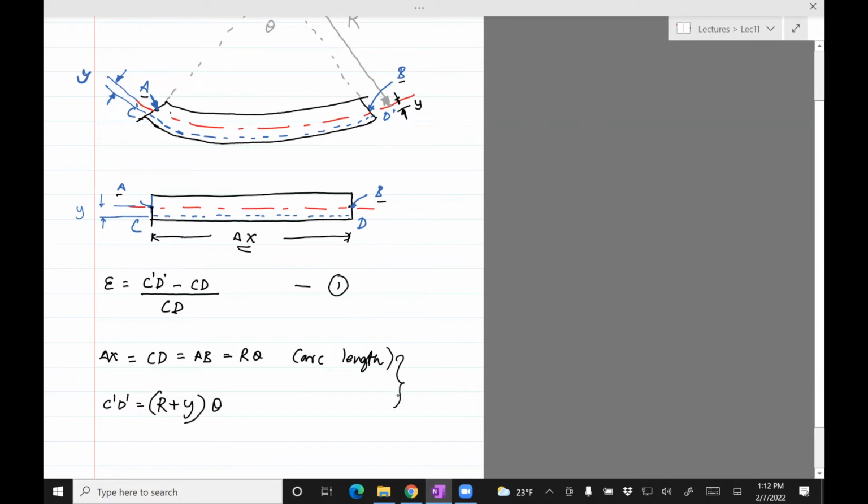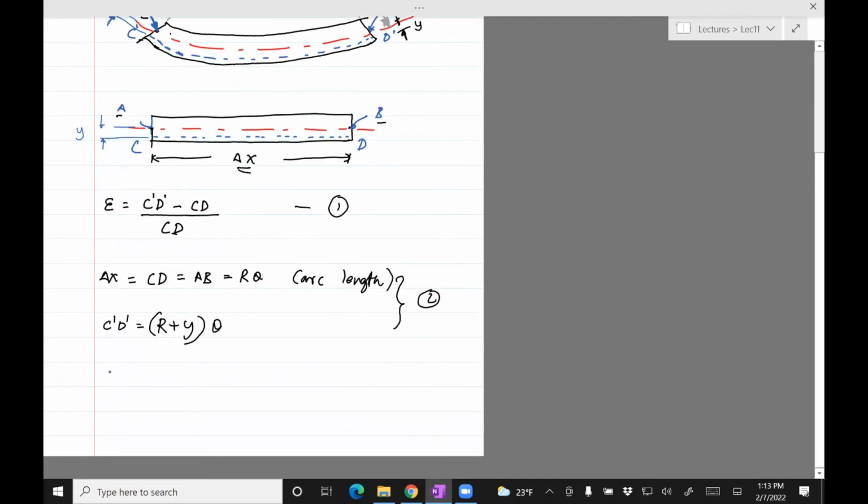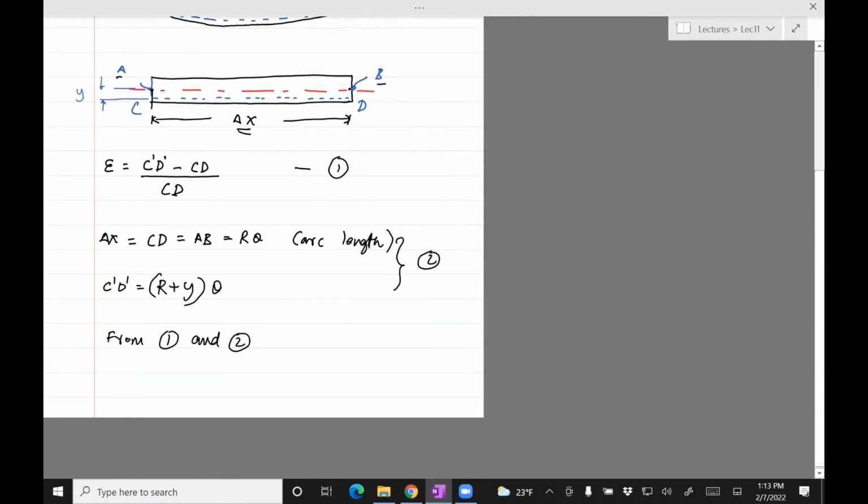All this 1, 2. So I substitute 1 and 2. The strain is C prime D prime, which is R plus y theta, minus CD, which is R theta, divided by CD, which is R theta.